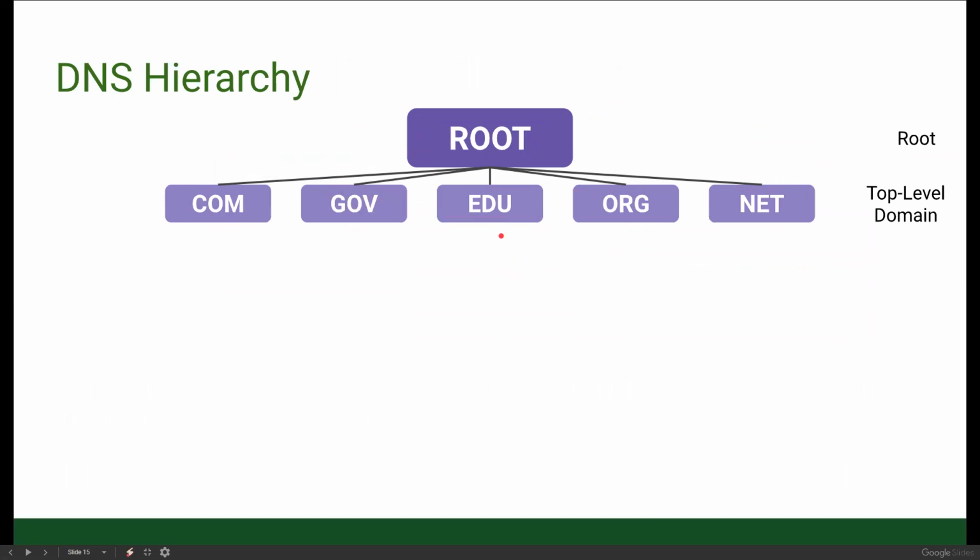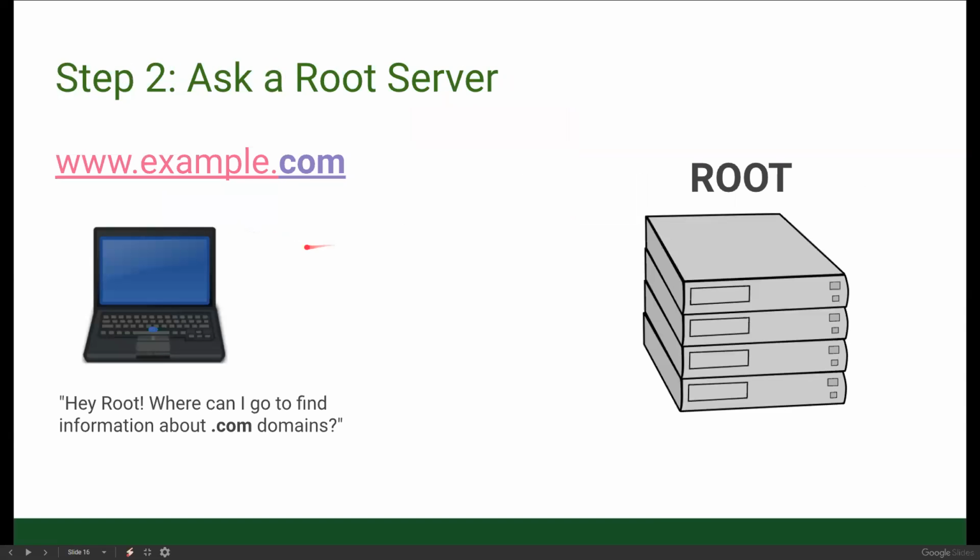So any website with a com address, or the com at the end, its information is going to be held within this server. And it does not need to know anything about any website that ends with an edu or ends with a .org. So we're already splitting up the roles a little bit. So we're going to ask the root, hey, where is that com server?